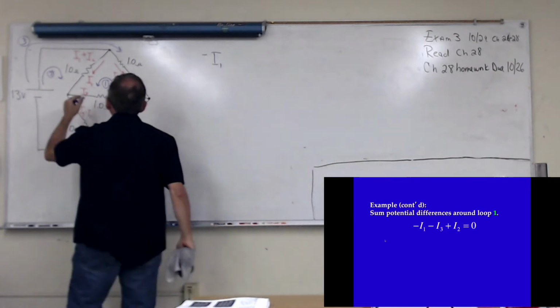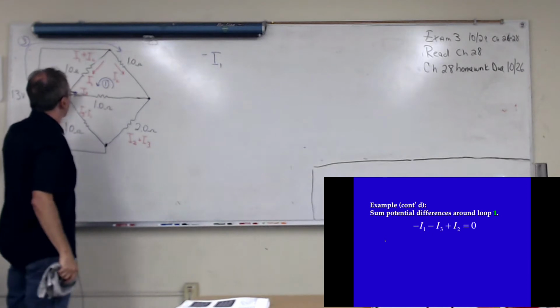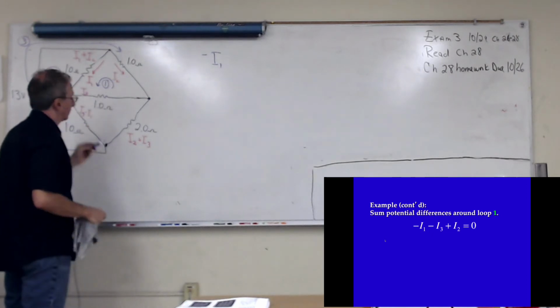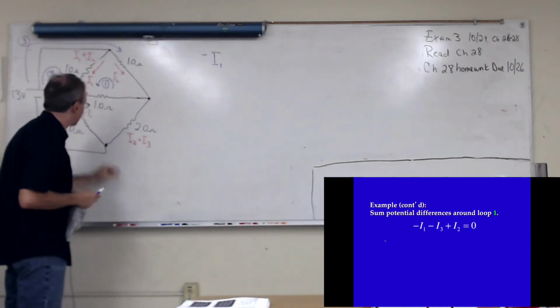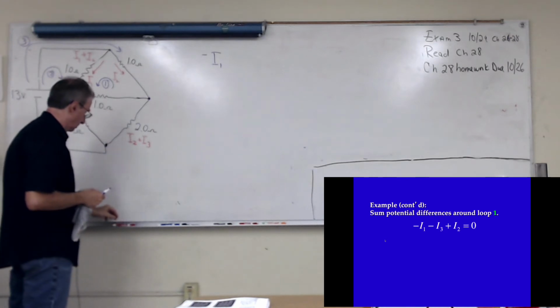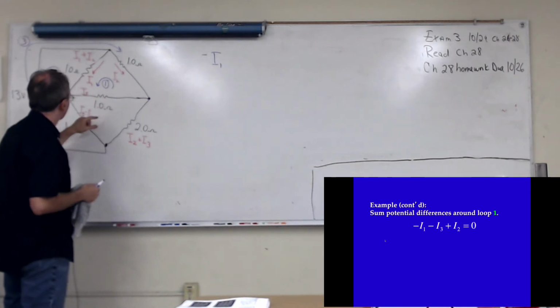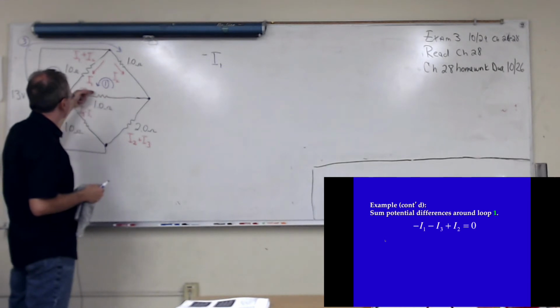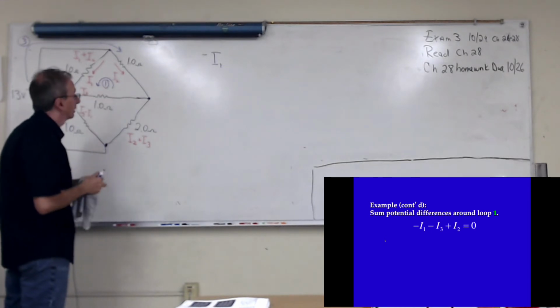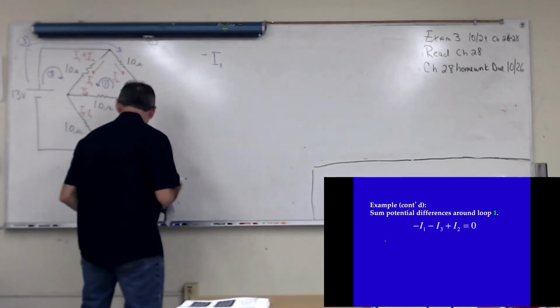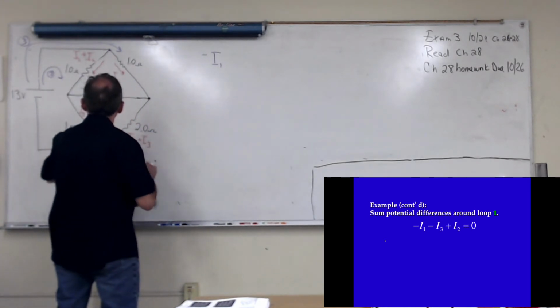Then are you doing the across the way, the E? Yeah, this is E, right? You're doing the I3 one in the middle. You're going across the middle. Yeah, I'm going to go across the middle. So that's also going to be a negative, right? Yeah. I didn't draw the arrow for I3.